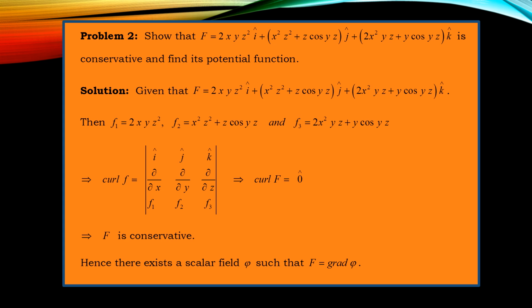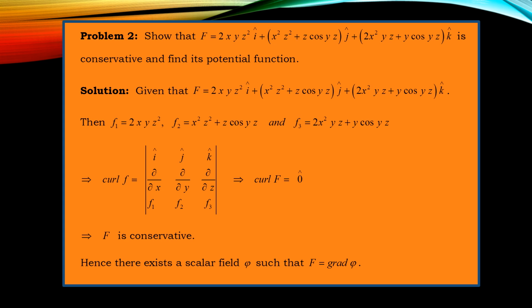The component functions are f1 equal to 2xyz², f2 equal to x²z² plus z cos yz, f3 equals 2x²yz plus y cos yz. Let us show that this given vector field is conservative. For that purpose, let us find its curl.